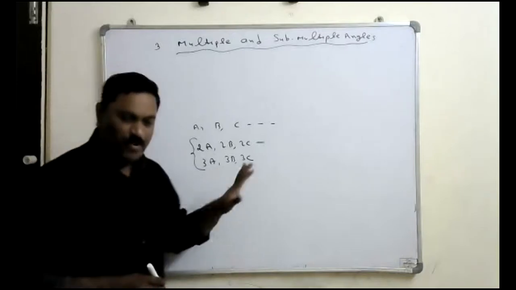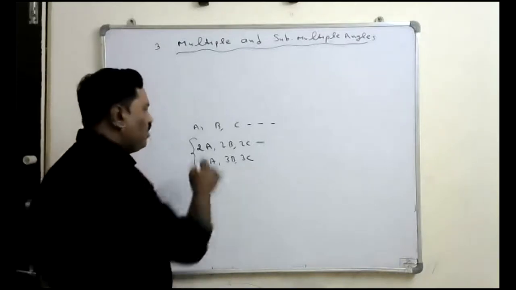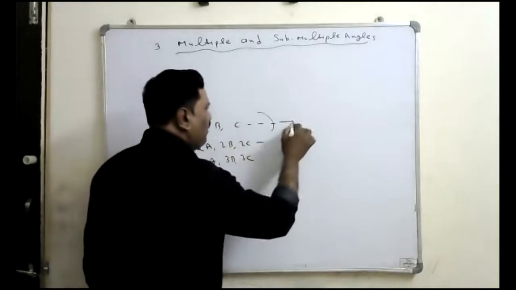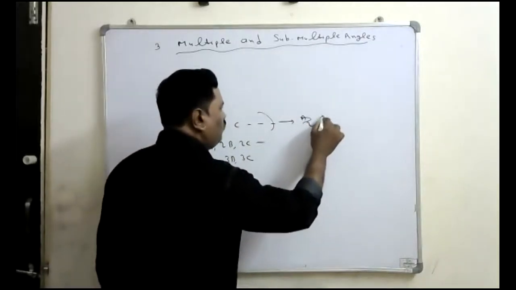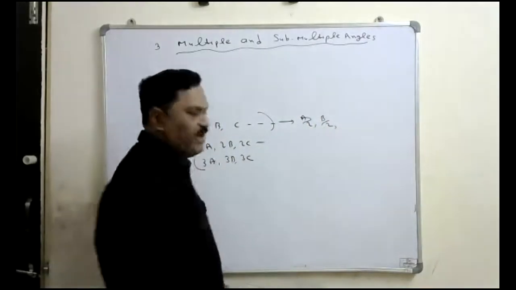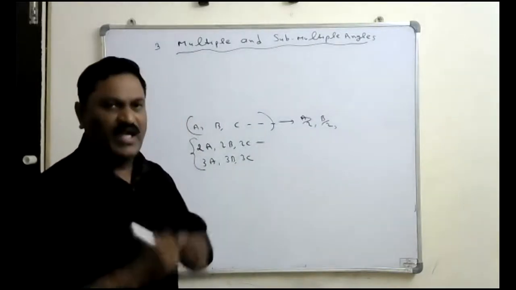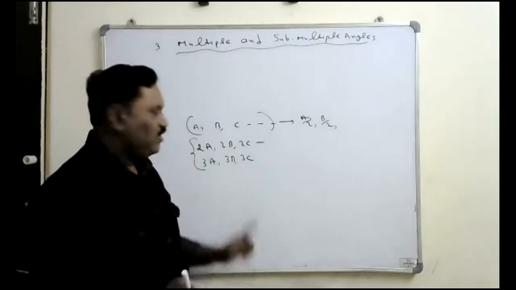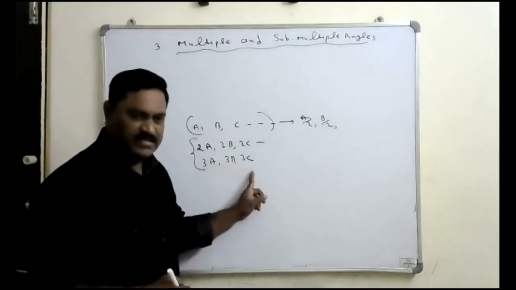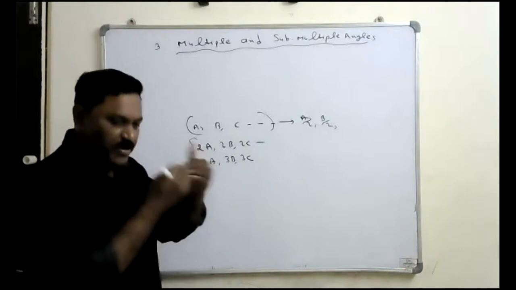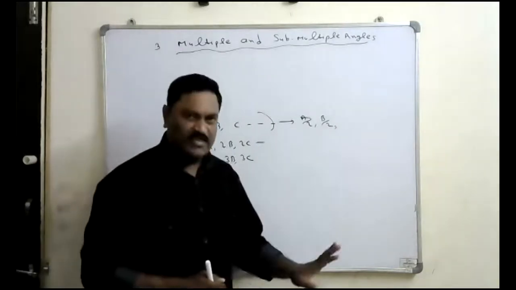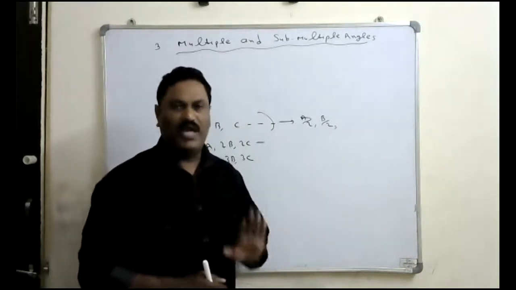If you divide all these angles by some integer, like a by 2, b by 2, c by 2, a by 3, b by 3, c by 3, etc., these are called submultiple angles. If you have the integral multiple like this, it is called multiple angles. If you divide all those angles by an integer, it is called submultiple angles.